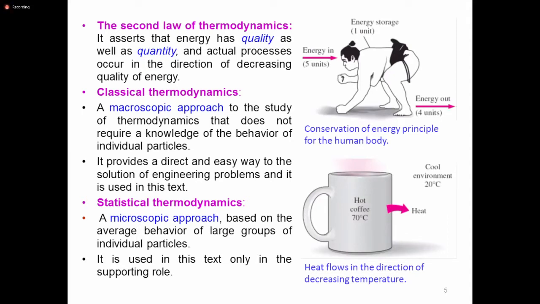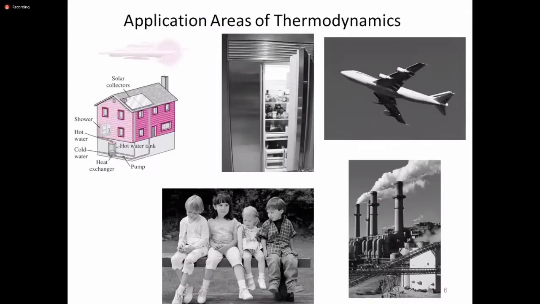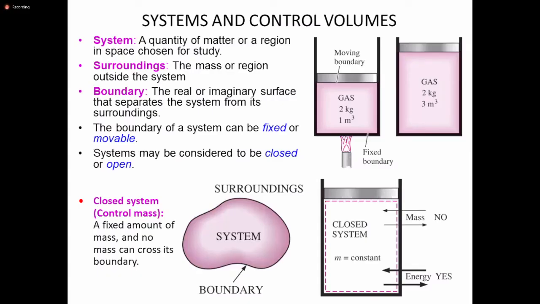Then there are different approaches to study thermodynamics, called classical thermodynamics and statistical thermodynamics. Then we learned about different application areas of thermodynamics. Then we talked about the different types of systems, what exactly the system, surroundings, boundary and universe mean, that we generally consider inside thermodynamics.